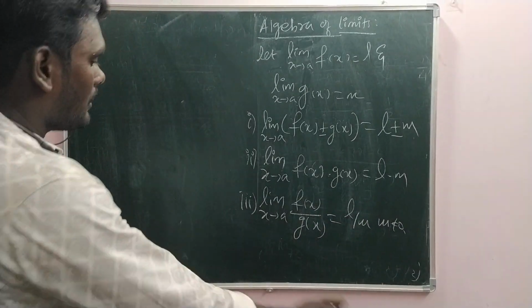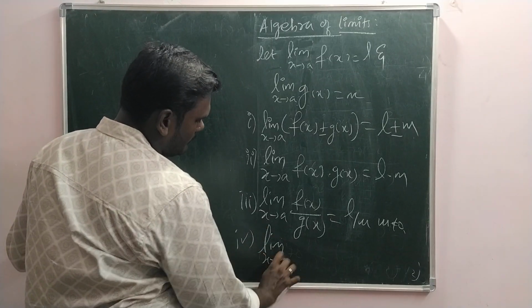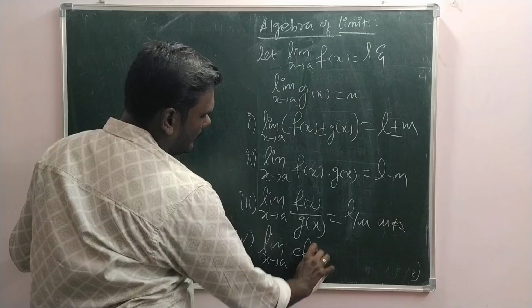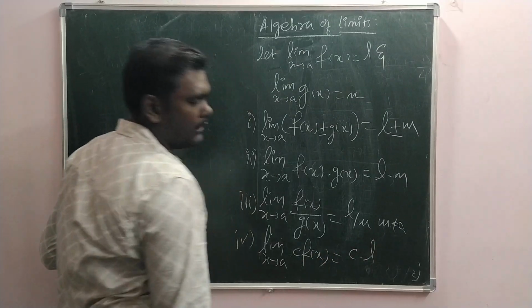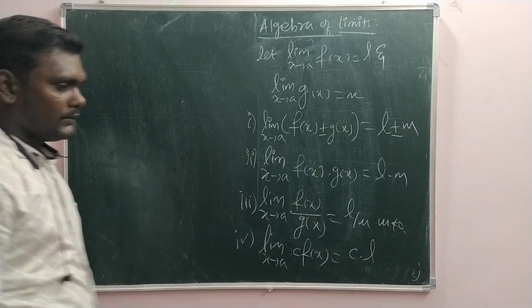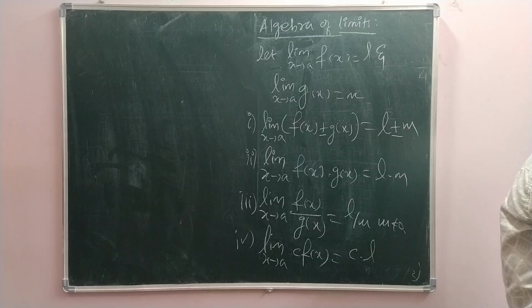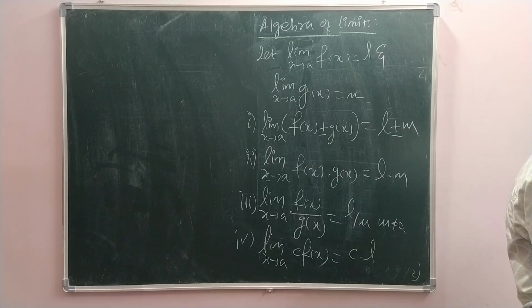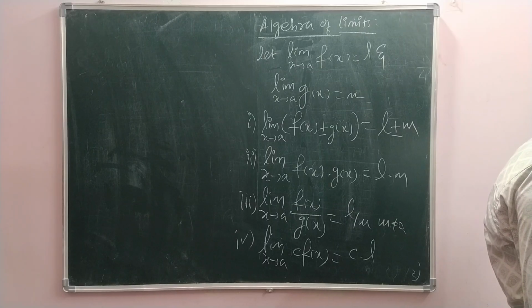Okay. And about the constant multiplication, limit x tends to a, c into f of x, the constant, that will be c into the limit. That sounds easy, right? Okay, a few more things are there.